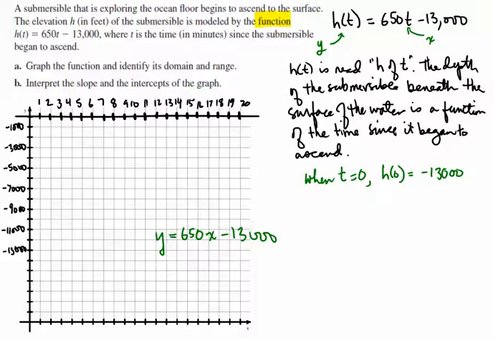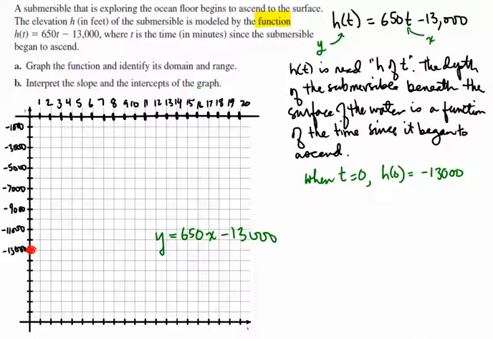So the way we write that is h of 0. 0 is the time that we are plugging into this function, and what we're getting back as a result is the height when time is 0. And so this tells us that the submersible is starting off at a height of negative 13,000 feet, or a depth of 13,000 feet below the surface of the water.